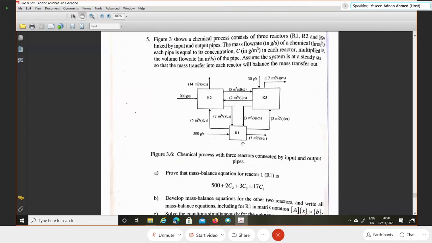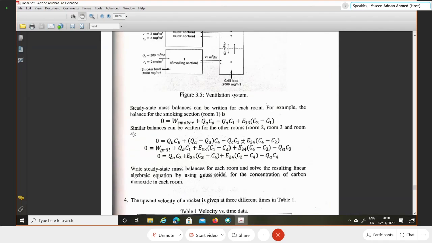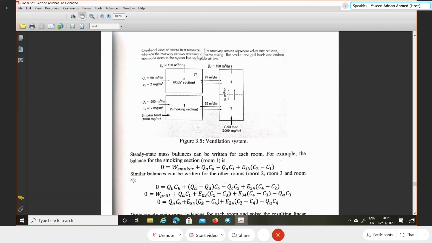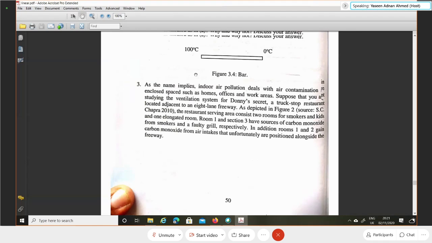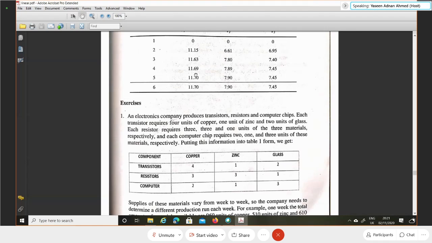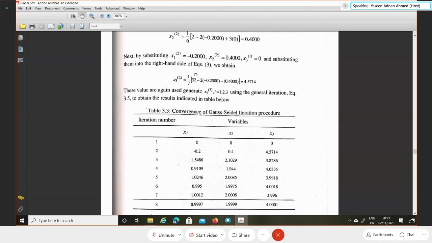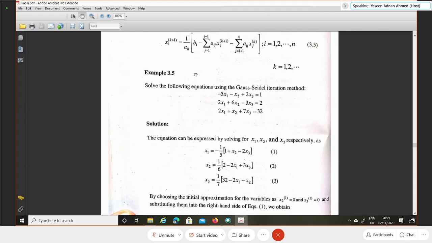Most of the time you will have these kinds of scenarios where you need to extract the information and create the system of linear equations. Today, because Gauss-Jordan elimination is a bit lengthy, we try to solve this problem.